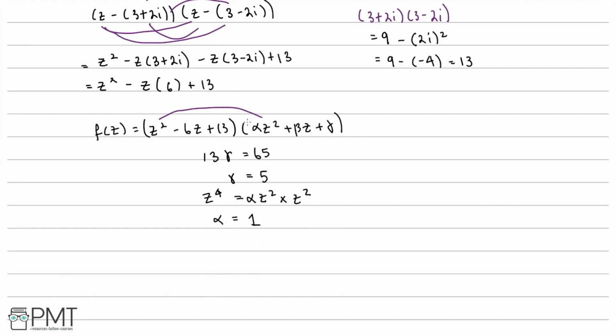So now we know the value of alpha and gamma, we can rewrite f of z as such. f of z is equal to z squared minus 6z plus 13 multiplied by z squared plus beta z, we still don't know the value of beta, plus gamma, which is 5, which we found over here. So now what we can do is find the value of beta.